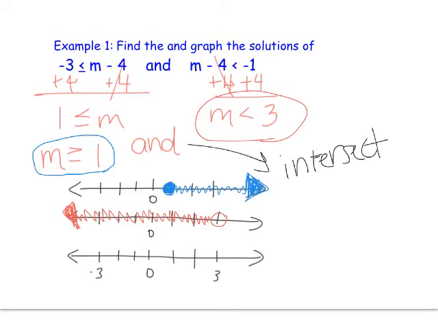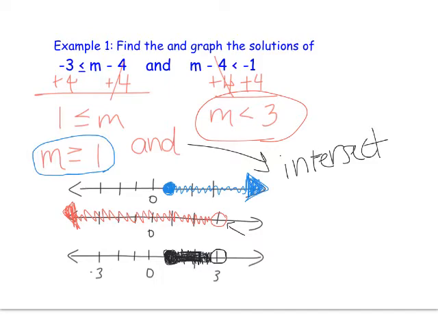So I'm looking for, if I put them on top of each other, where they would intersect, and they would intersect everywhere from 1, including 1, up to 3, but not including the 3. Since 3 was not included in that second inequality, it's not included in the overall solution either. So this is my overall solution here. All the numbers from 1 to 3.